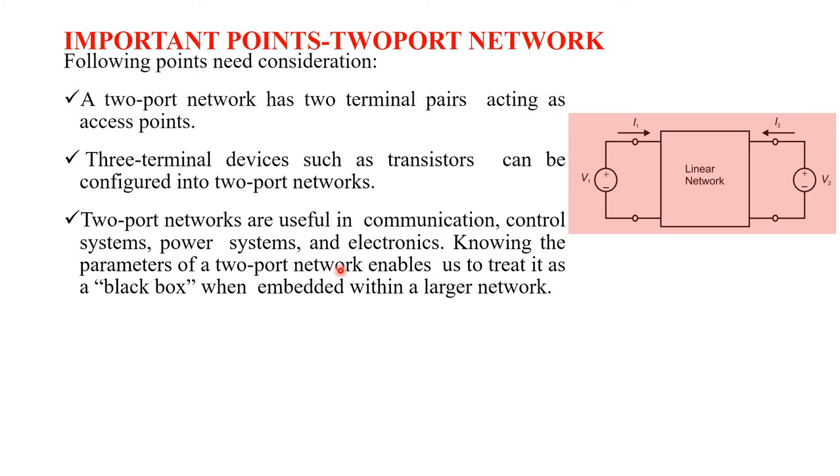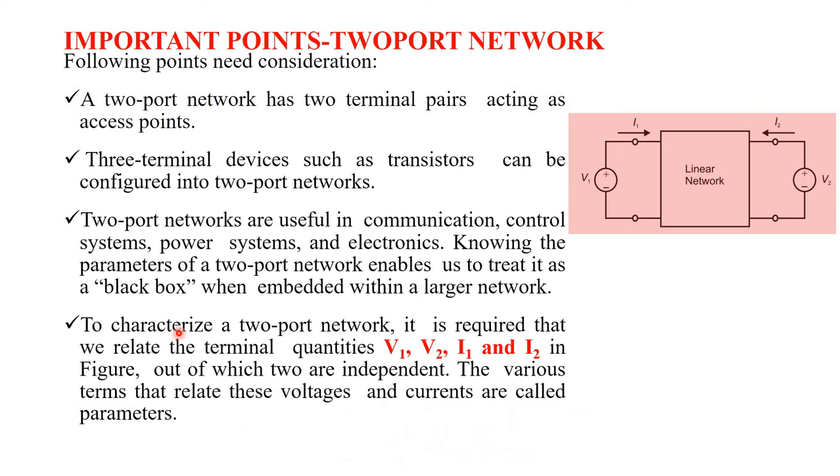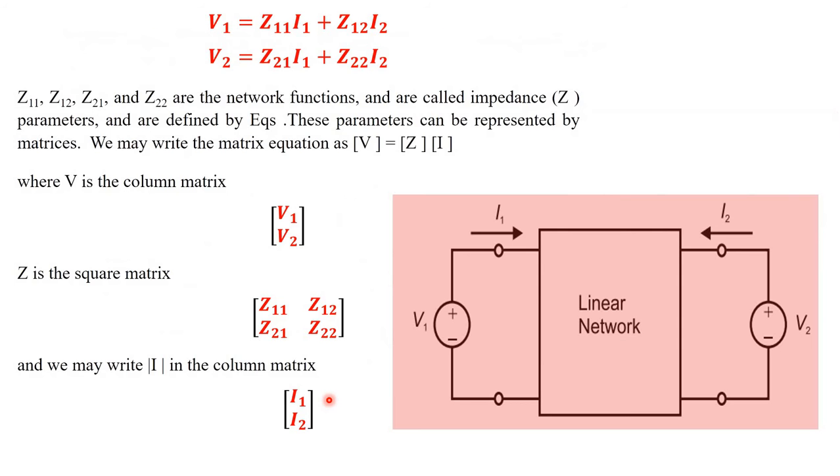Knowing the parameters of a two-port network enables us to treat it as a black box when embedded within a larger network. To characterize a two-port network, it is required that we relate the terminal quantities V1, V2, I1 and I2 in the figure, out of which two are independent. The various terms that relate these voltages and currents are called parameters.